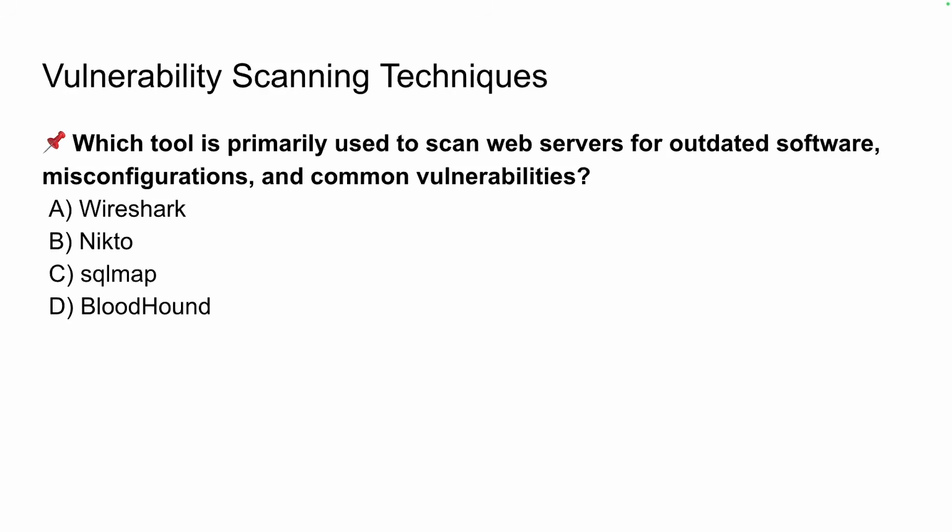BloodHound is used to map the path to Active Directory privilege escalation, right? So which users you can exploit to gain ultimate domain admin permissions. So the only one that's actually scanning web servers for outdated software, vulnerabilities, etc., is Nikto.